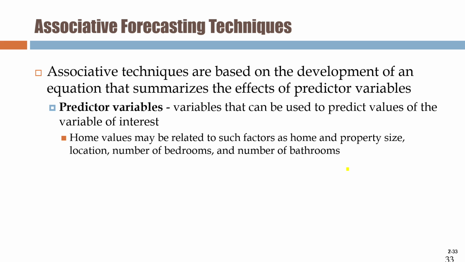Right, so home value may be related to property size. If it's bigger, home value will be higher. Location, number of bedrooms, number of bathrooms will affect my home value. We don't know if each is really a good predictor or not, but we already know what this technique is.